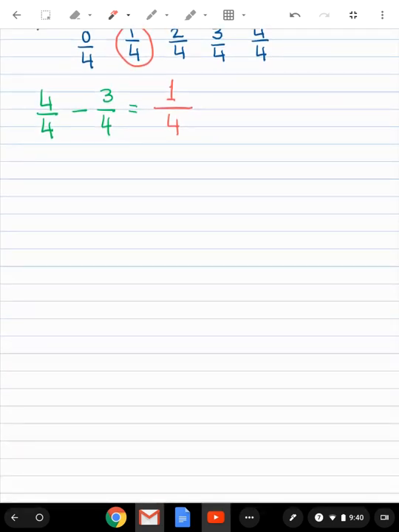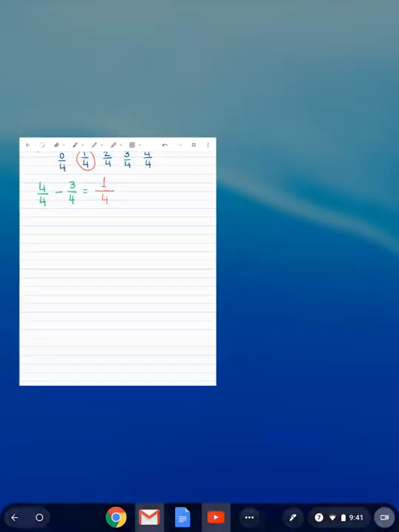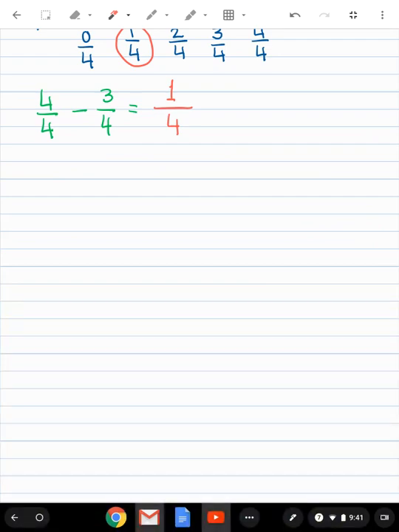Let us see another example for subtracting fractions, when we subtract without having drawings and without having the bars. If I said it's question number 1, page 403, we have 7 out of 10 minus 2 out of 10, and I need to get the answer.